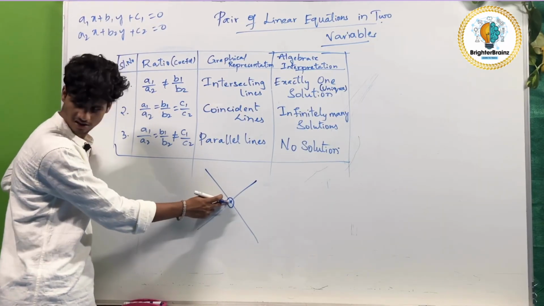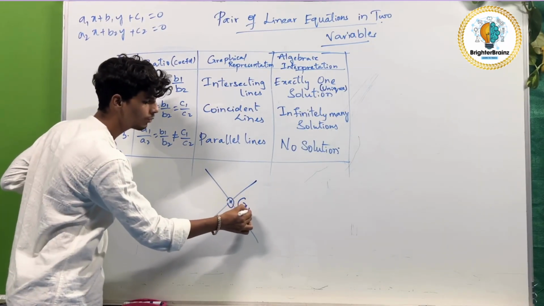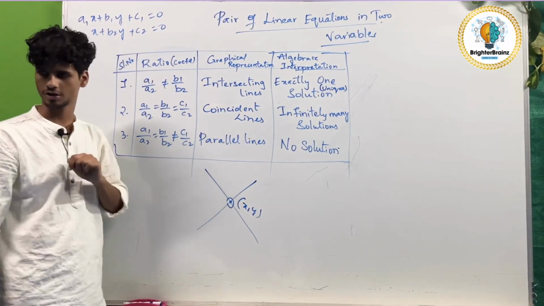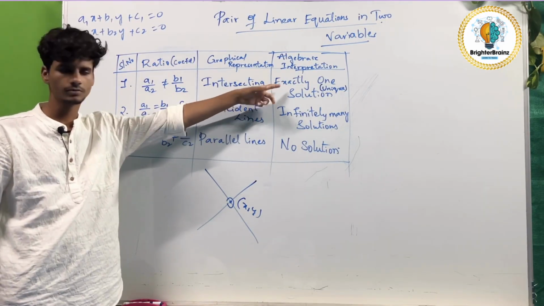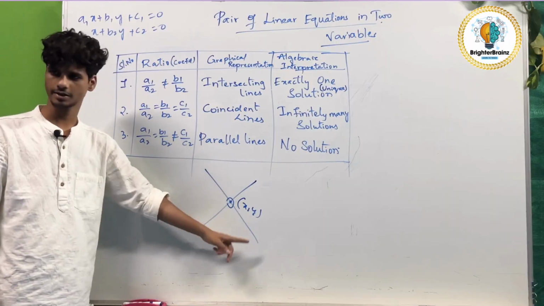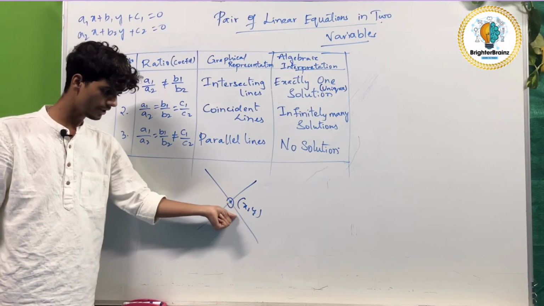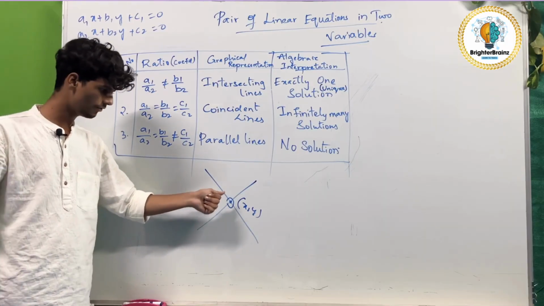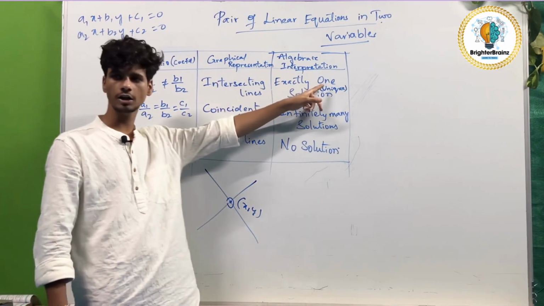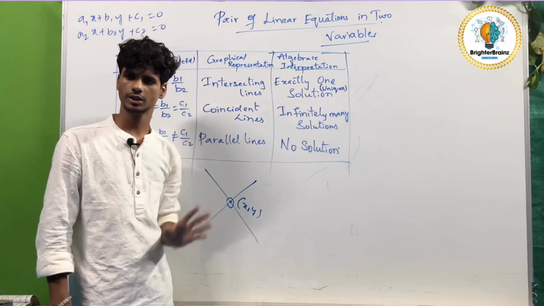So this intersection point will be having only one solution, okay. Why are they giving one solution here, tell me? Because when two lines are intersected, they will be intersected at only a single point. So for that reason we are having only one solution, that is unique solution.